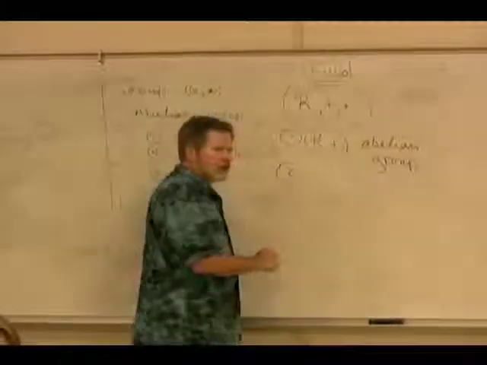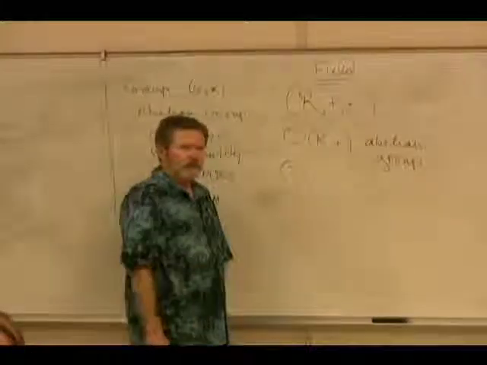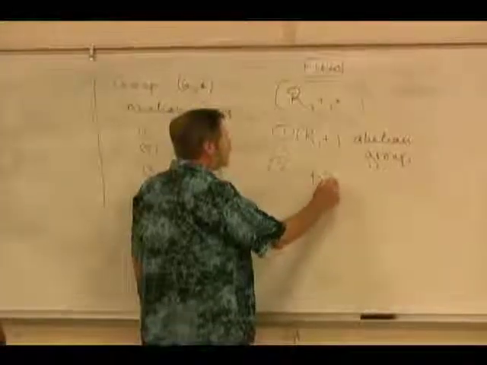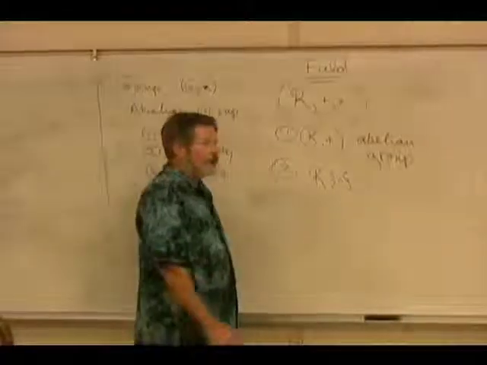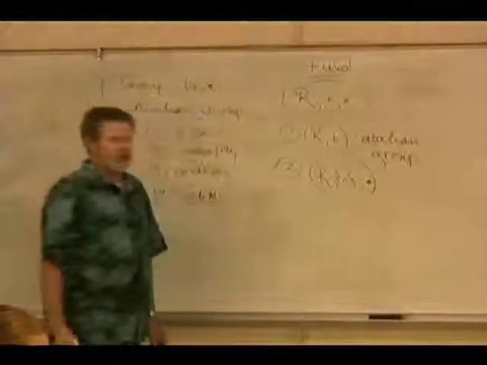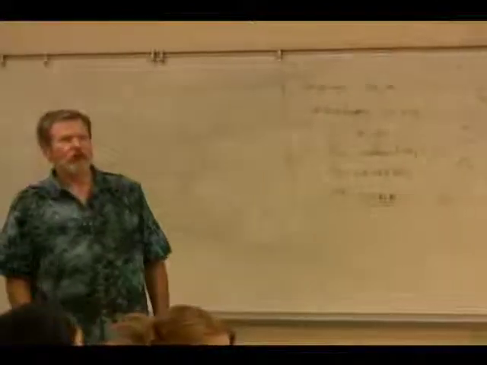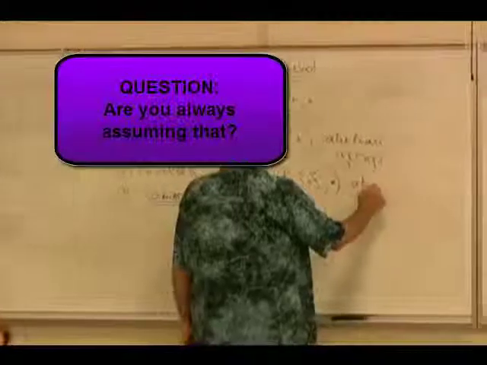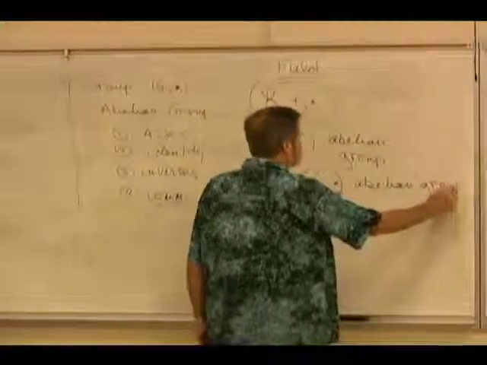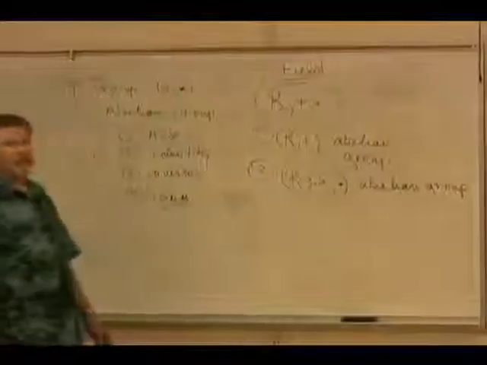Notice, 0 in R can't have a multiplicative inverse. So what I want to do is throw 0 out of R and consider, is it possible that R without 0 forms also an abelian group? Are you always assuming that you're throwing 0 out? Yes. Okay. Because 0 times anything is 0.